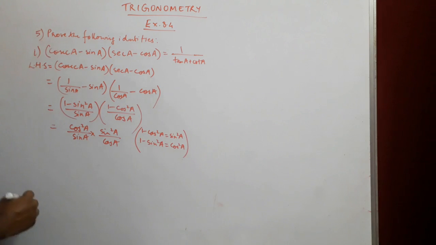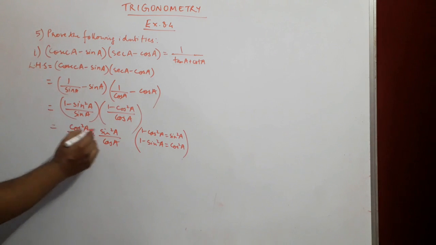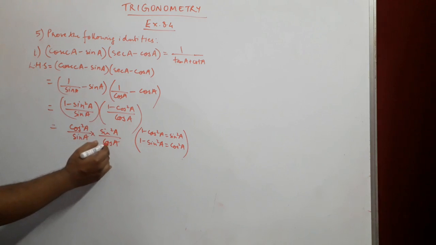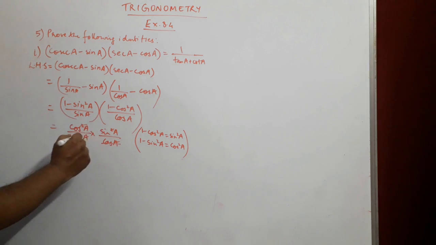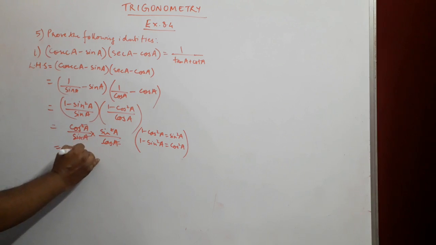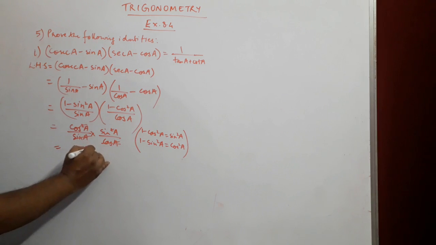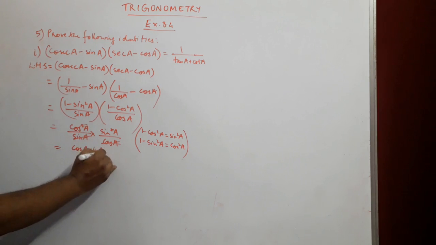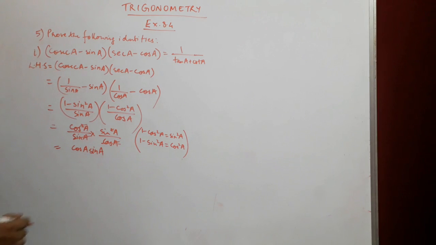Close the bracket. So now we have cos square a upon sin a and sin square a upon cos a. We can cancel out 1 cos a and 1 sin a, and we'll be left with cos a sin a on the left hand side.